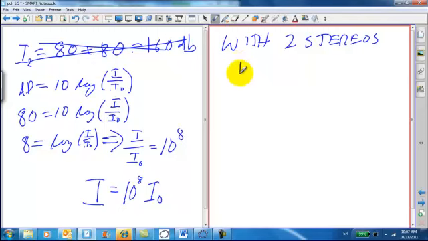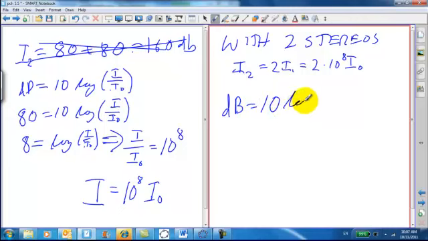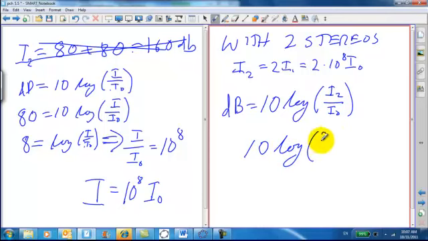the actual intensity level for two is twice the intensity level for one, which was twice times 10 to the 8th over initial intensity. Now let's put this in our decibel equation, which is 10 times the common log of this intensity for two speakers over the initial intensity. So we get 10 times the common log of twice 10 to the 8th initial intensity over initial intensity.